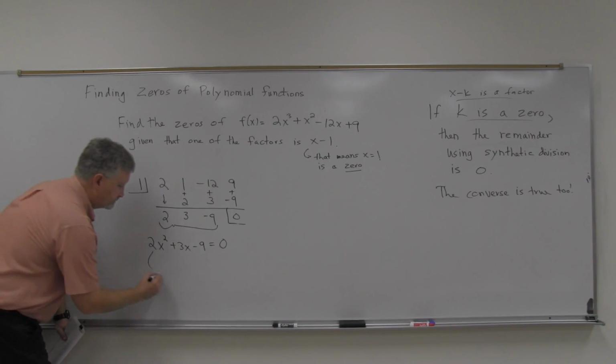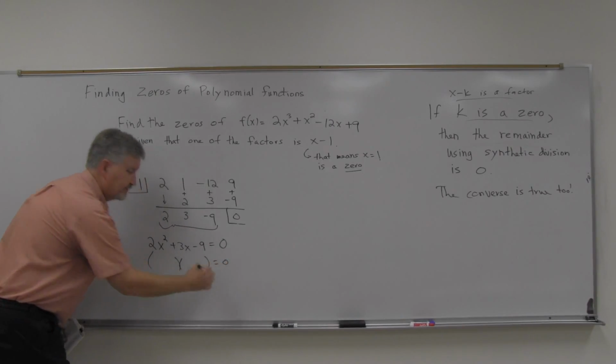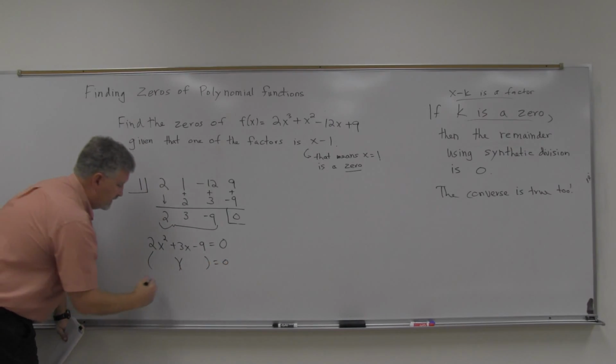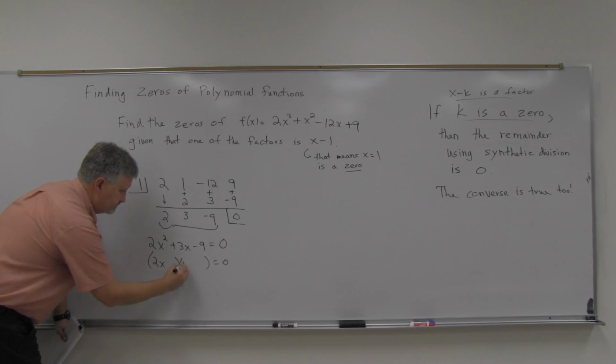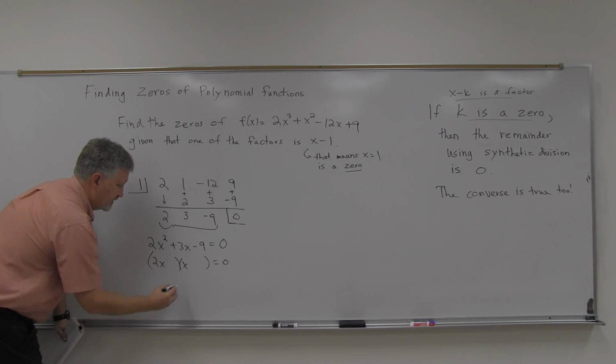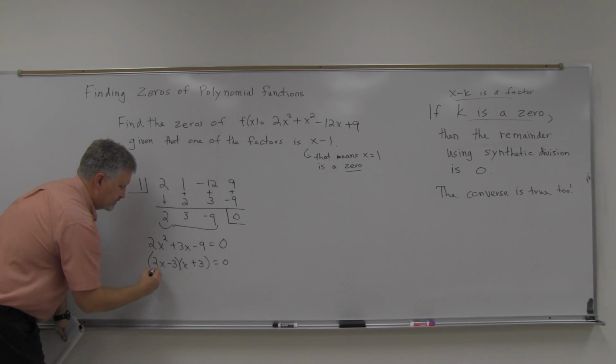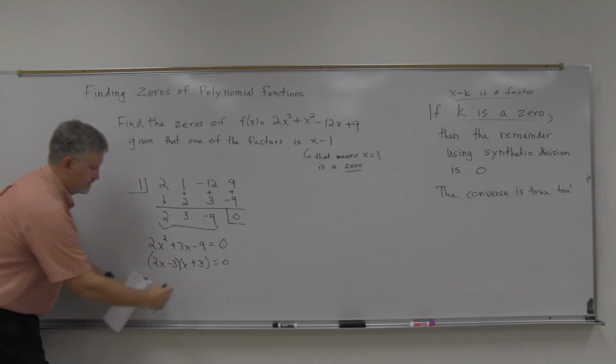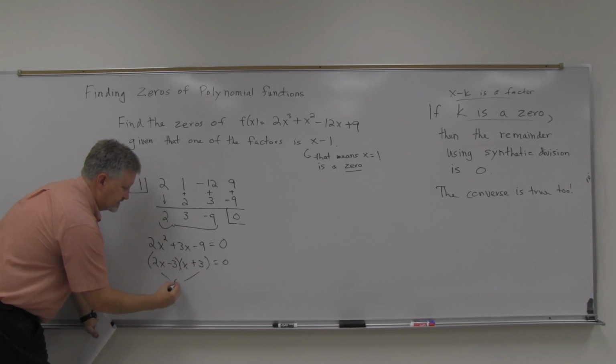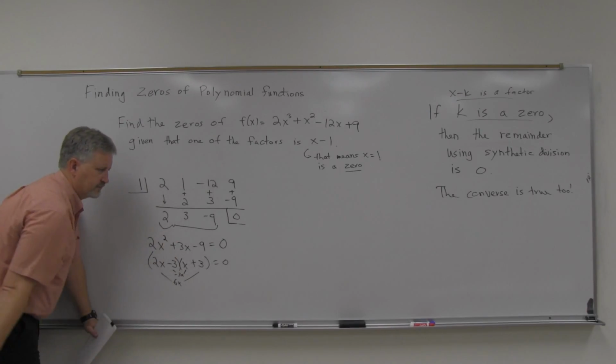I believe it factors, otherwise you'd have to use the quadratic formula. But I believe it factors 2x and x, and 3 and 3. It's going to be a plus 3 here and a minus 3. So 2x minus 3 and x plus 3, because that's 6x, and that's minus 3x, and you add those, you get positive 3x.